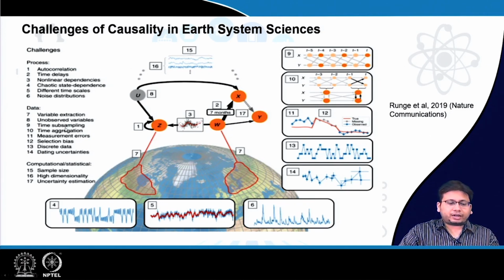Then there are other issues like time subsampling and so on. This is related to the problem of different time scales. We of course cannot measure the entire time series. Like any sensing device, it will measure a particular variable at fixed intervals.